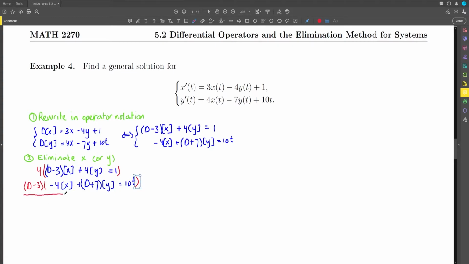Now note that I used 4 and not negative 4 here. And that's because I can now add these two equations because they have opposite sign. So here I get negative 4 times D minus 3 of x, and here I get 4 times D minus 3 of x, and that cancels each other out when you add.